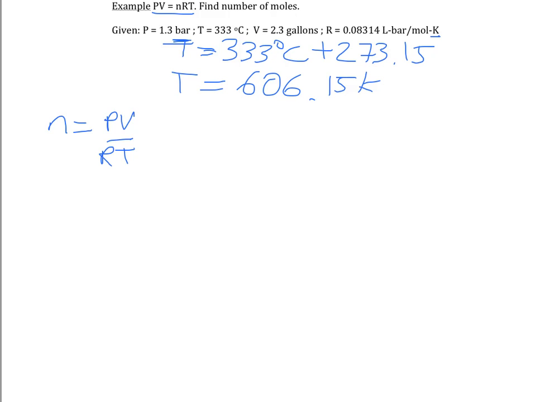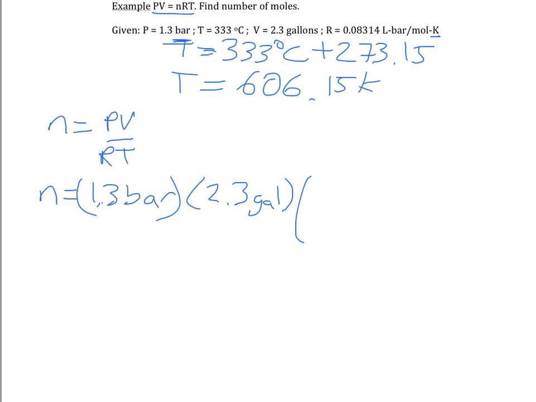n is equal to, what's the pressure? 1.3 bar. And I like to write these in little parentheses. It helps me keep things separated. Volume, 2.3 gallon.